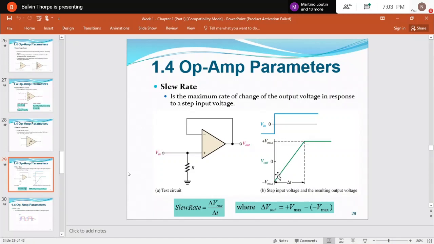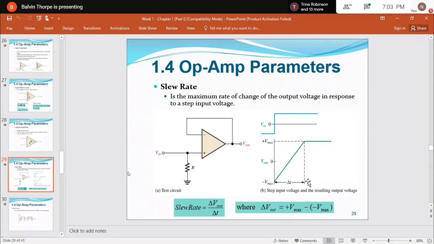What's happening is that there is a measurement at the output of the time it takes to go from the minimum to the maximum value. That's delta T. And what's the voltage change?